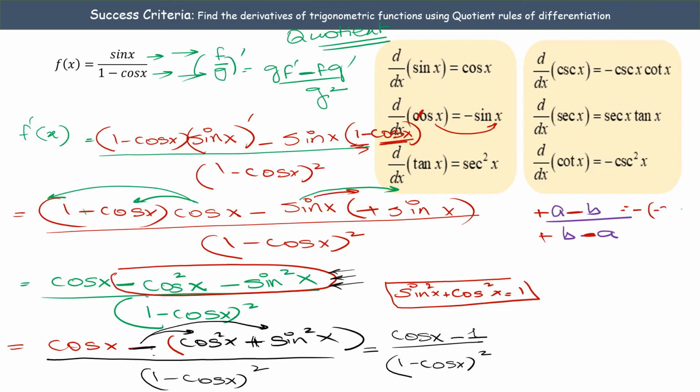So you will get negative a positive b, which is exactly the same as b minus a. You can cancel them and after cancelling you will get negative 1.